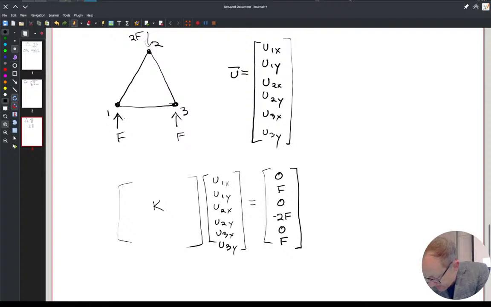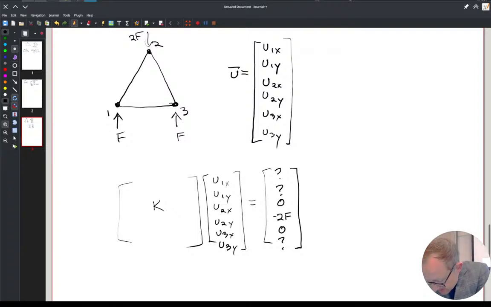So let's get rid of this. Let's say I don't know what that one is, and I don't know what this is, and I don't know. So I'm going to put in some forces that are just reaction forces, that if I knew all the displacements, I could solve for them, but right now, I don't know what they are.